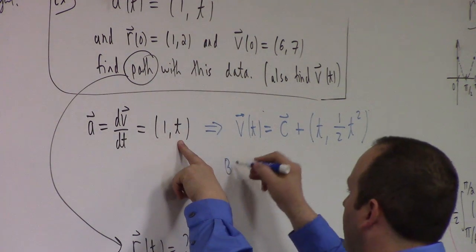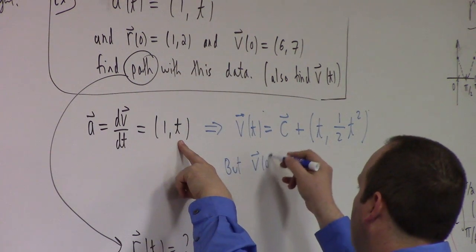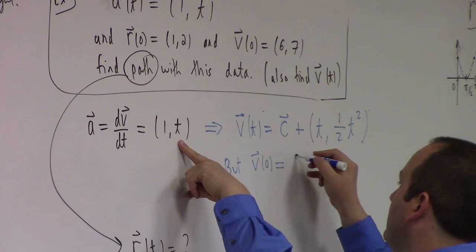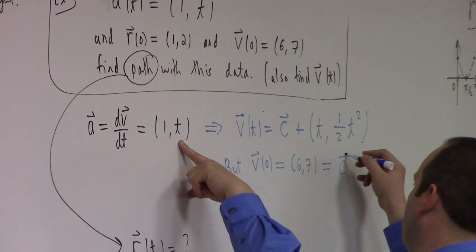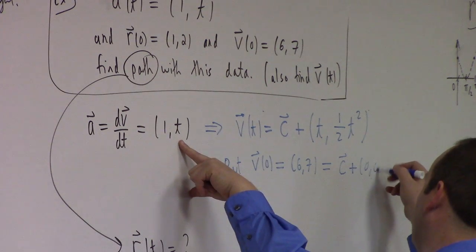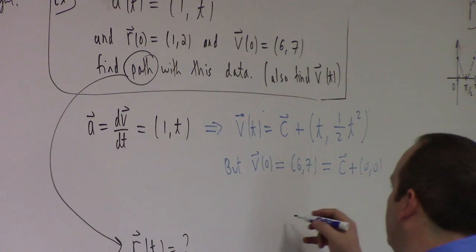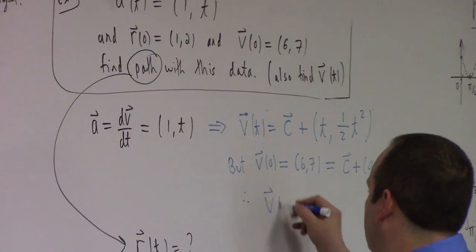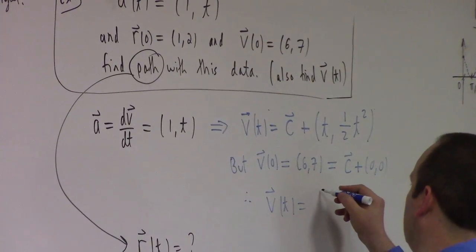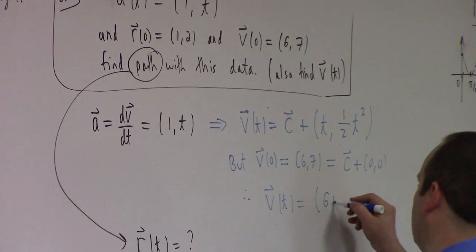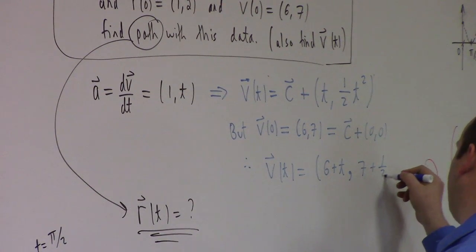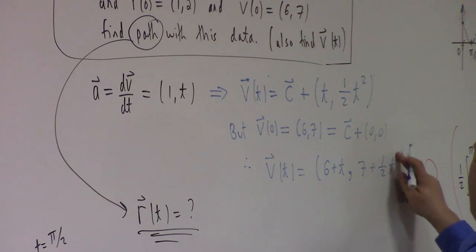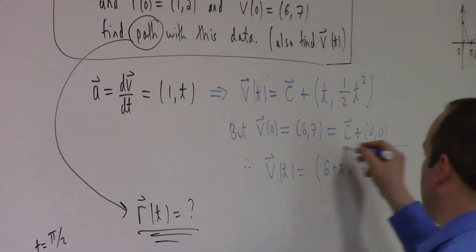But v of 0 is 6, 7, which is also equal to c plus 0, 0, right? So consequently, the velocity as a function of time is exactly 6 plus t, comma, 7 plus 1/2 t squared. Adding the c into the other thing.